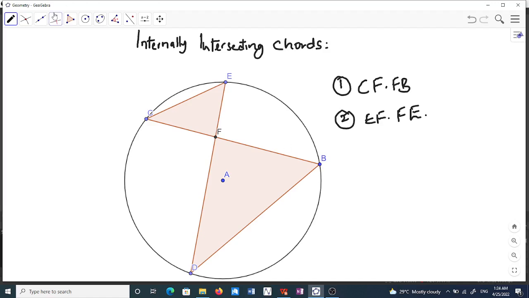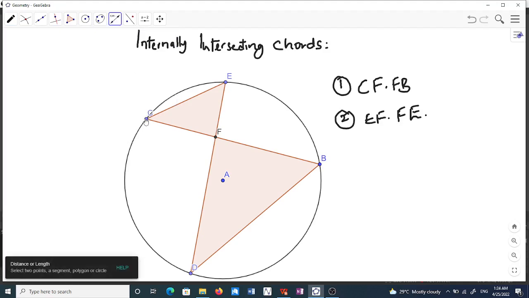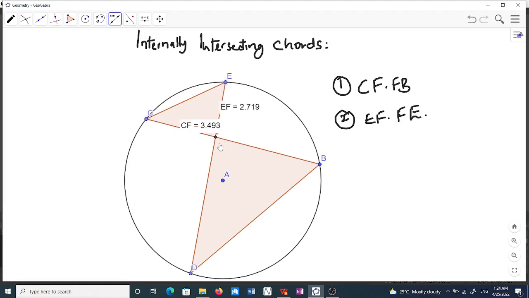So let's get the dimensions of those particular lengths. For instance, CF there is 3.493. I have EF, which is 2.719. I have also 5.254, that is FB, and then finally we have FD, which is 6.749.